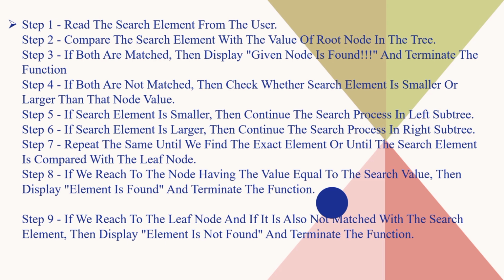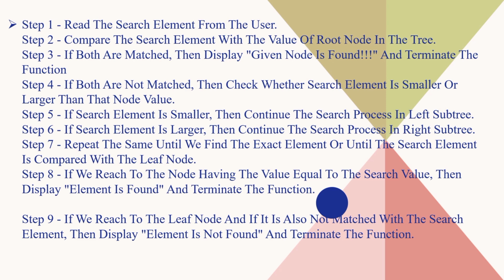Step 4: if both are not matched, then check whether the search element is smaller or larger than that node value. Step 5: if the search element is smaller, then continue the search process in the left subtree. Step 6: if the search element is larger, then continue the search process in the right subtree.